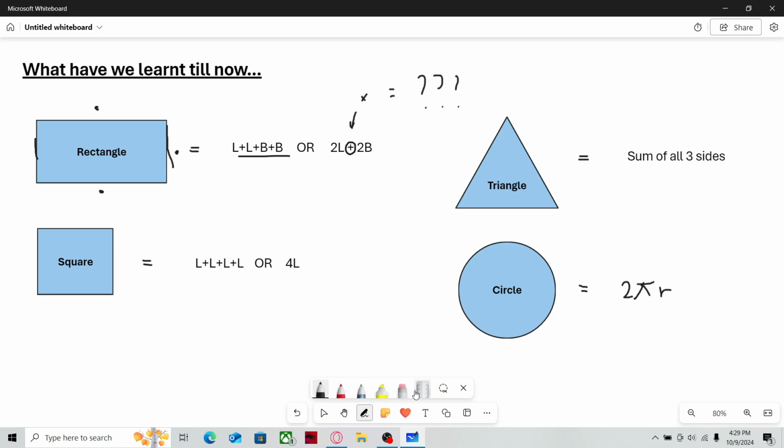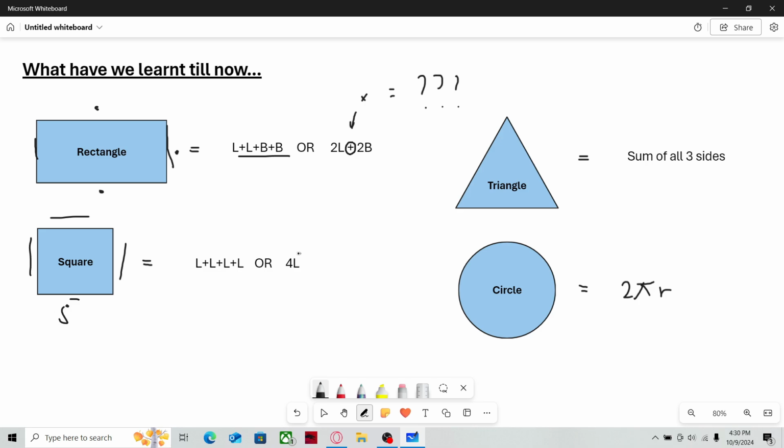Then the square. What about the square? We have learned that all sides of a square are equal, and hence, even if you know one side's length, you can simply add all sides and get the perimeter, since they are the same in length. If it's 5, then all sides are 5.